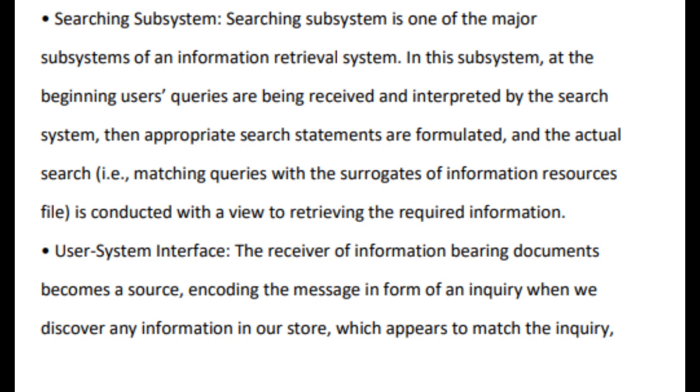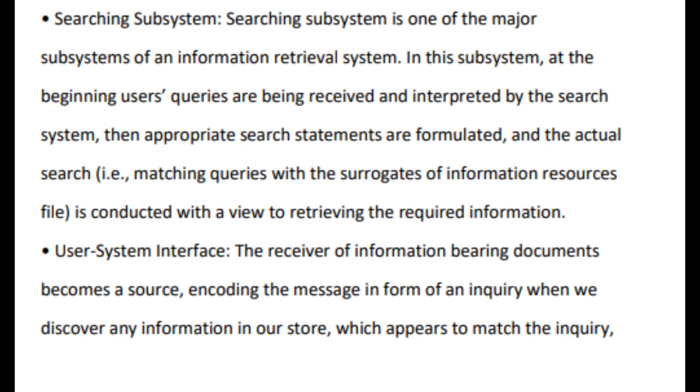Searching subsystem. The searching subsystem is one of the major subsystems of an information retrieval system. In this subsystem, at the beginning users' queries are received and interpreted by the search system, then appropriate search statements are formulated, and the actual search, i.e., matching queries with the surrogates of the information resources file, is conducted with a view to retrieving the required information.